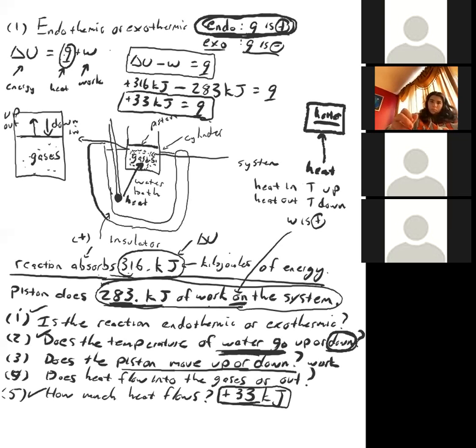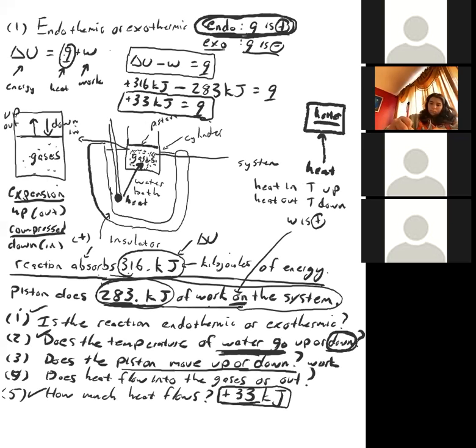When a gas expands, expansion of the gas, that means the piston's going up or out. If it's being compressed, that means it's going down or in. Okay, so let's take a look and see what happens. It says the piston does 283 kilojoules of work on the system.